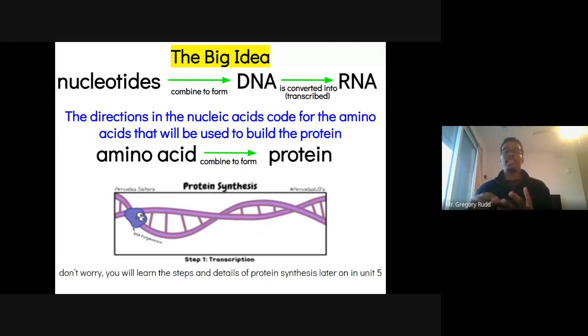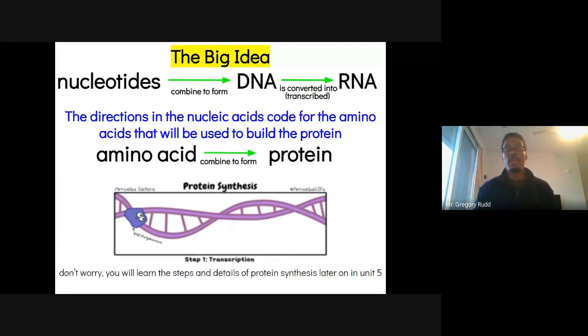RNA is then going to signal the cell to say, okay, I got this code. My code is AUG, so I need you to bring this amino acid. And then the next section of RNA will say, well, my code is GUA, so I need you to bring this amino acid.